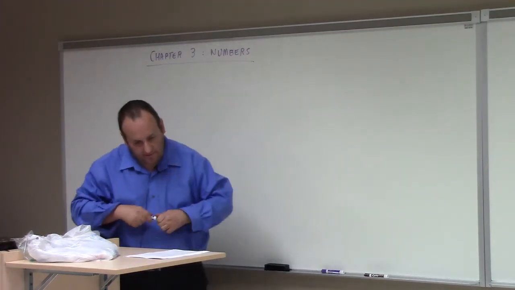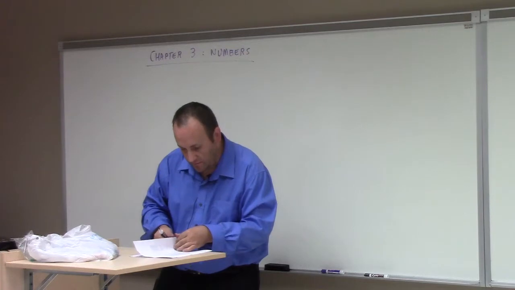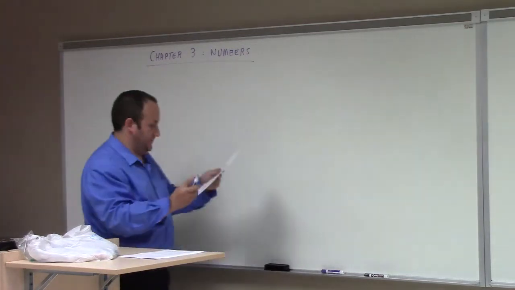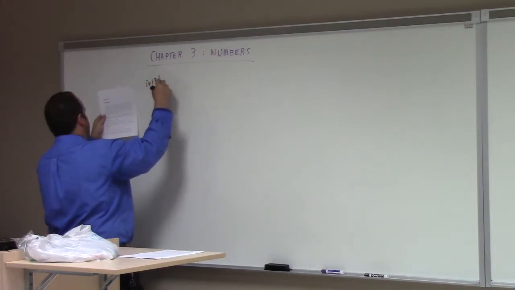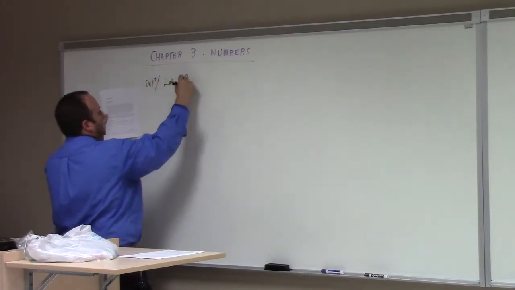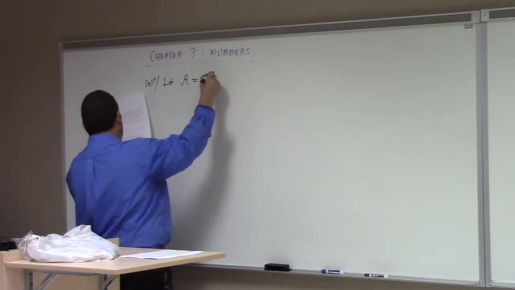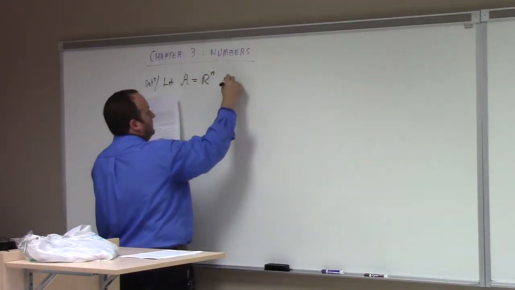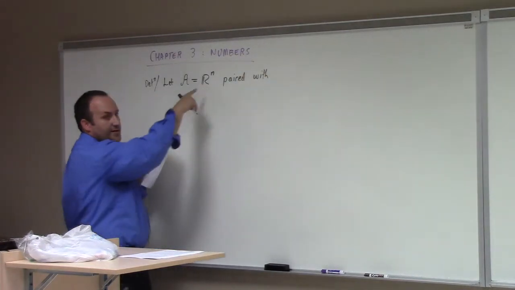Let me just rattle off the formal definition for you. So here's the definition that we'll use. We'll let A be R^n. You guys know what R^n is, I'm assuming. This is, of course, n-tuples of real numbers.